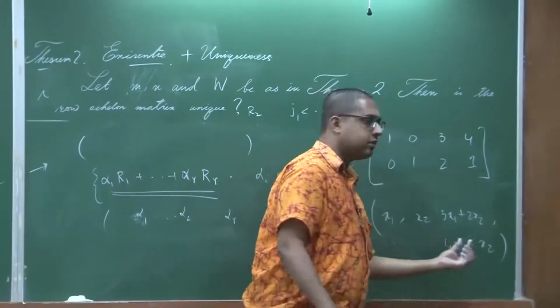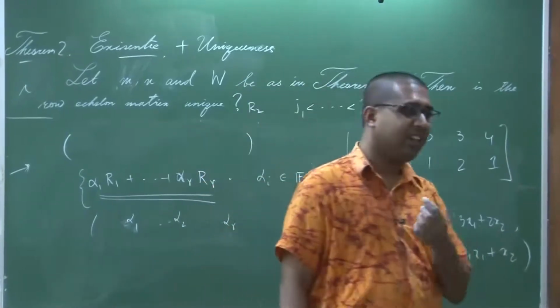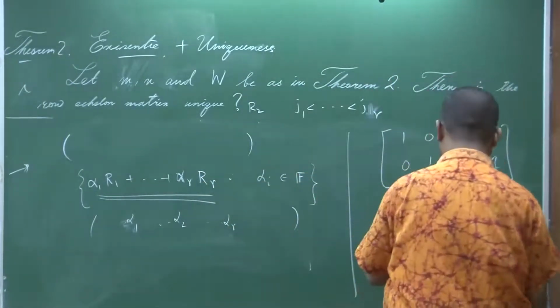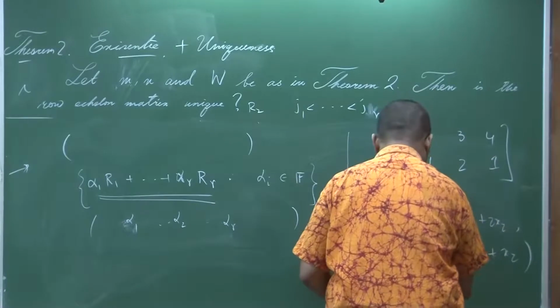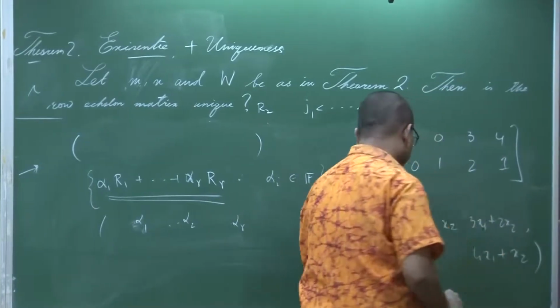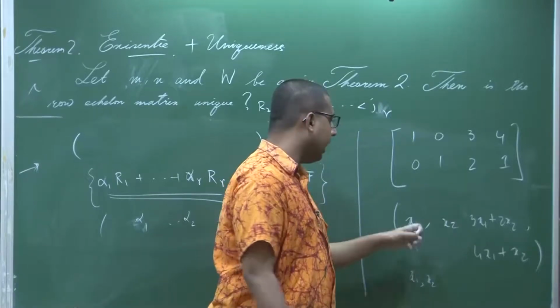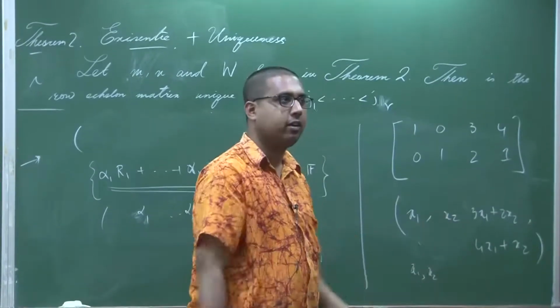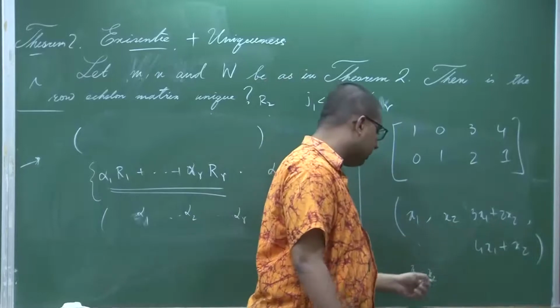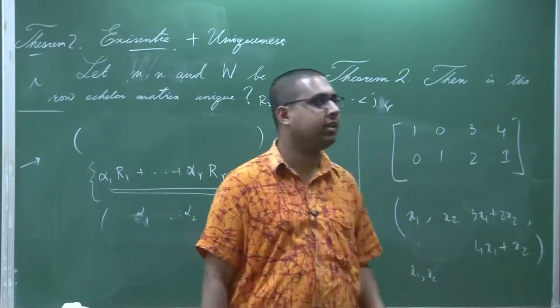In this description, given any x1 and x2 here, you have a unique vector in the row space whose first coordinate is x1 and second coordinate is x2.